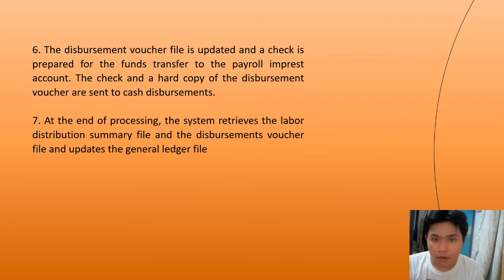The check and the hard copy of the disbursement voucher are sent to the cash disbursement. And lastly, at the end of processing, the system retrieves the labor distribution summary file and the disbursement voucher file and updates the general ledger file. These are the data processing steps for the re-engineered payroll system.